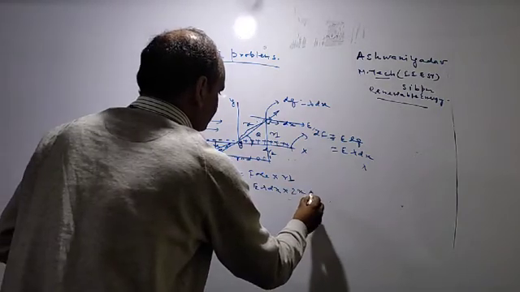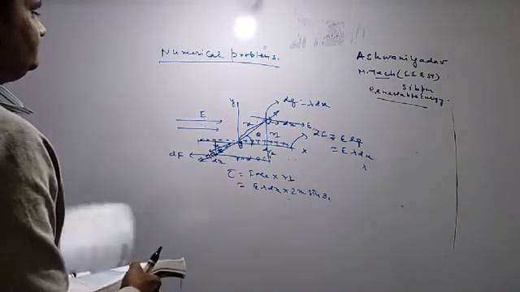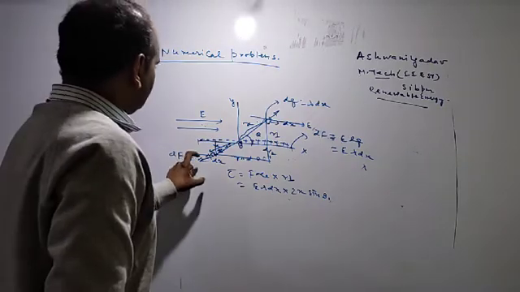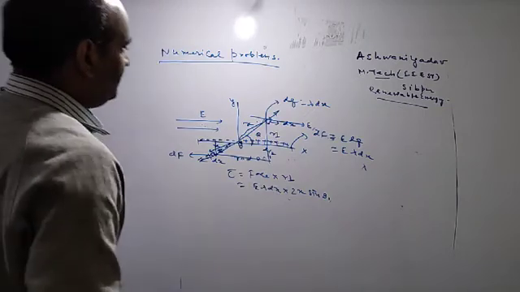So 2x sine theta. Well, can you find the direction of this couple? Do you have any idea?